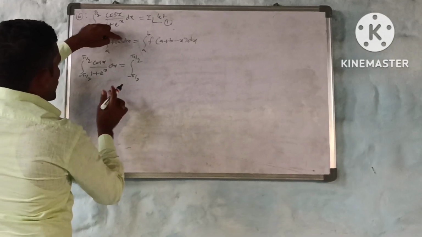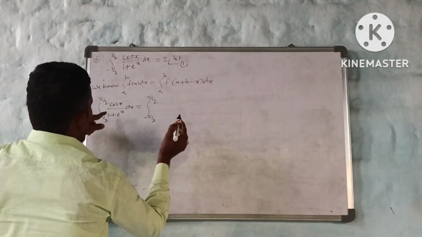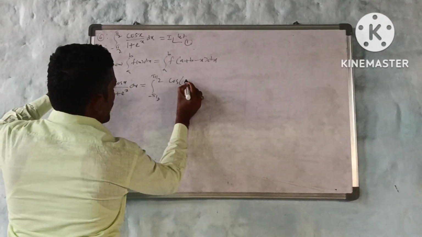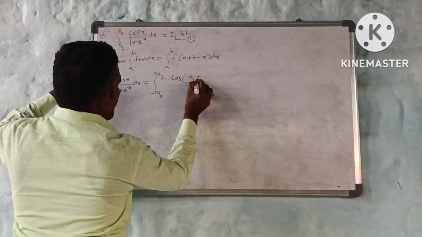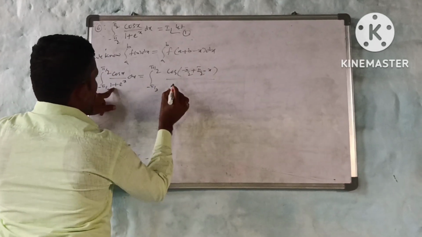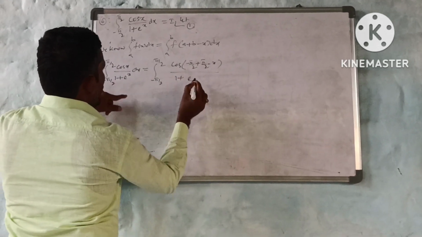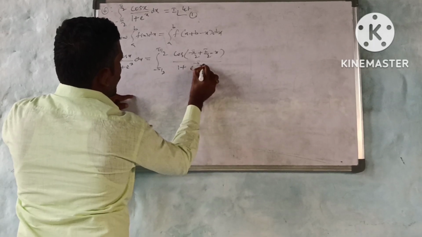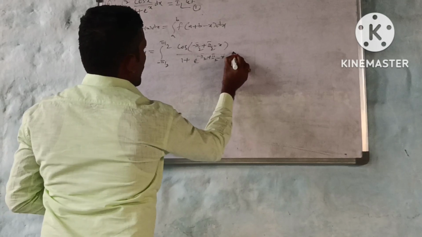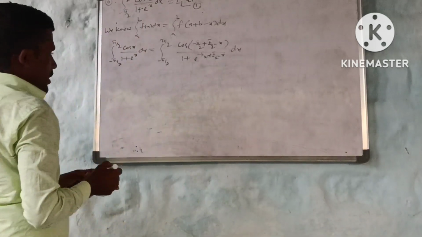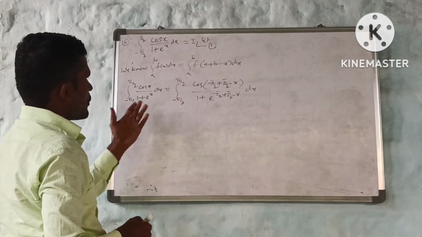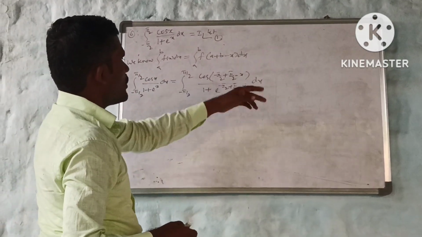For f of x, wherever there is x we have to put a plus b minus x, so cos x becomes cos of minus pi by 2 plus pi by 2 minus x, and in the denominator 1 plus e power of minus pi by 2 plus pi by 2 minus x. The dx is as it is, because these are the limits, so we take dx the same.